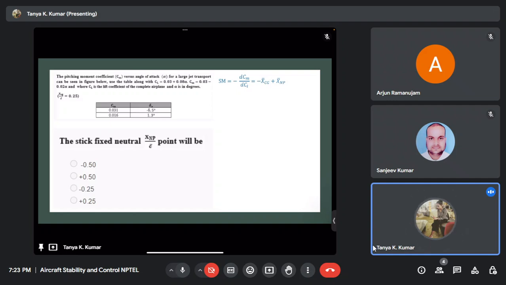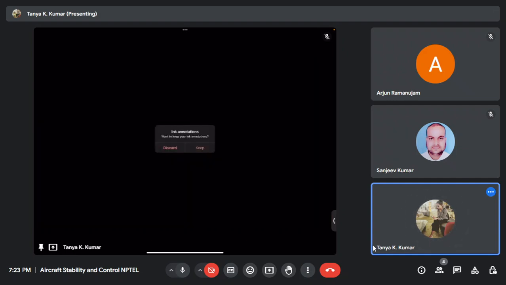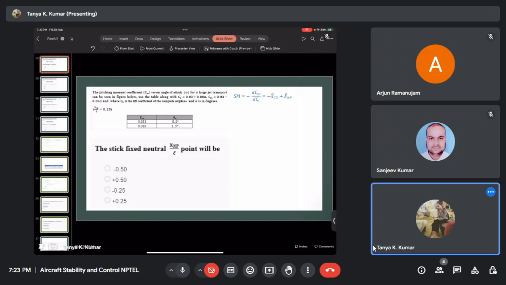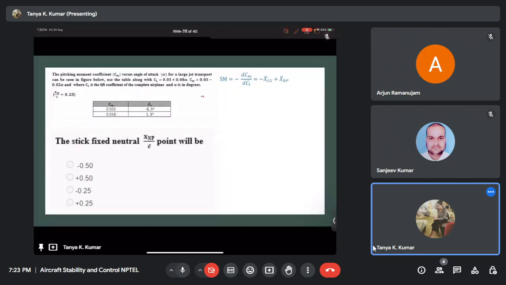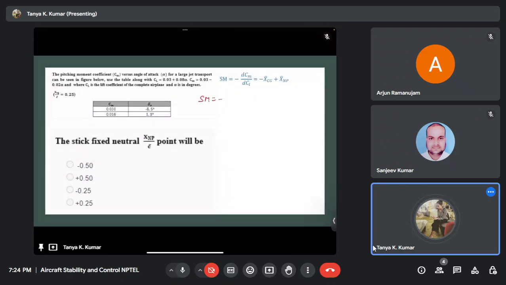The slope can be written as dCm by d alpha into 1 by dCl by d alpha. Right, so that is nothing but Cm alpha by Cl alpha.